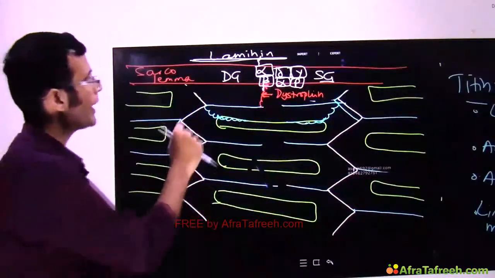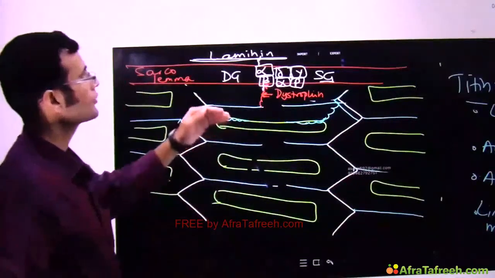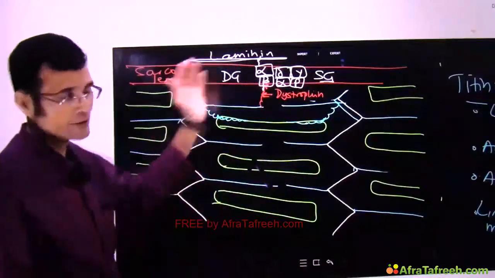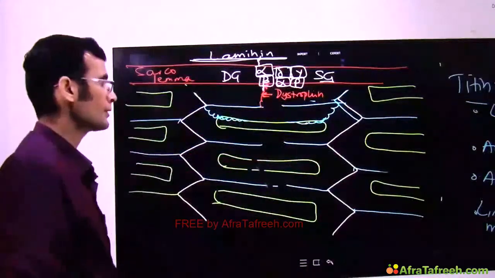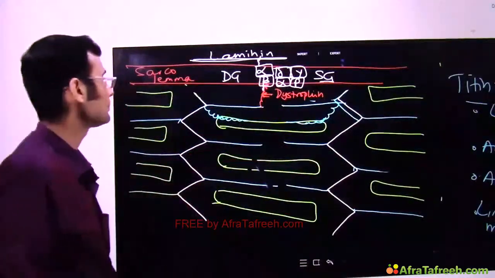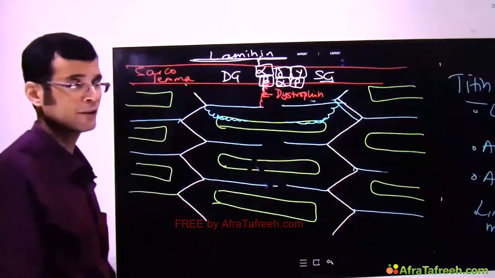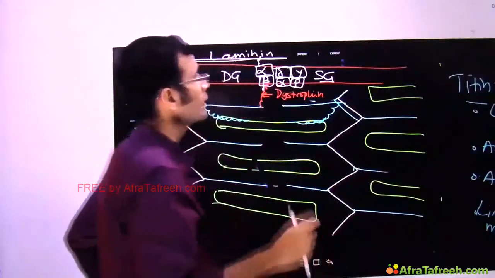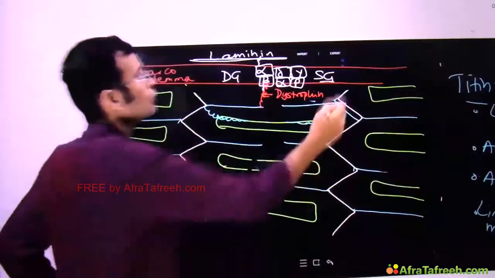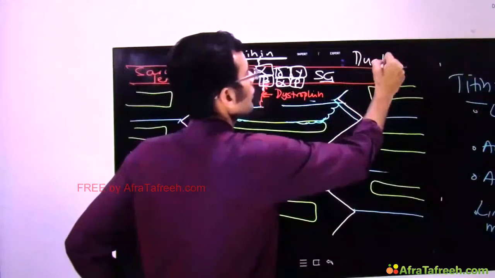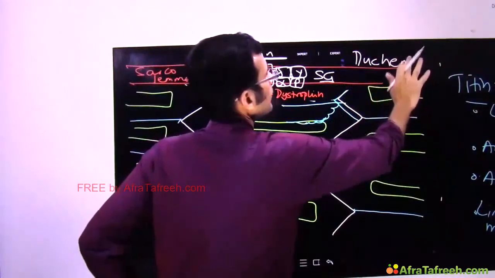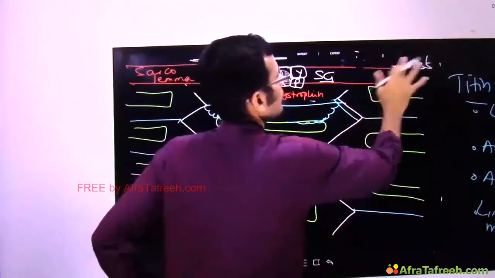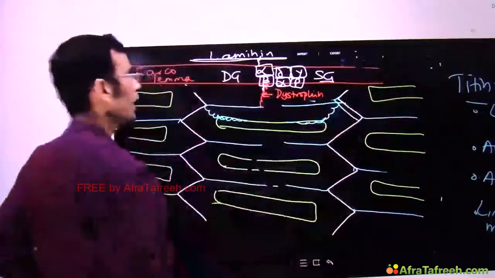And a genetic defect of the gene that codes for dystrophin will result in Duchenne's muscular dystrophy, DMD. That's dystrophin, another muscle protein.